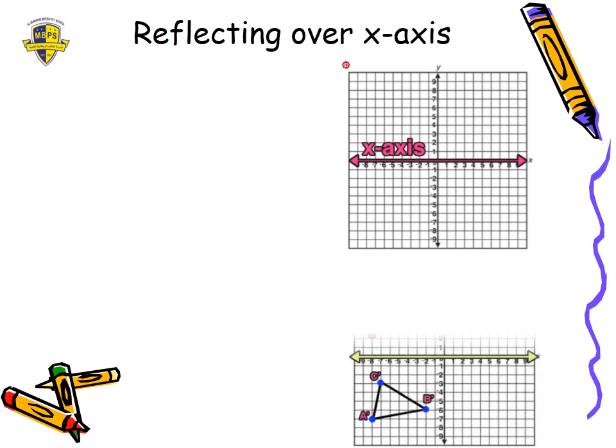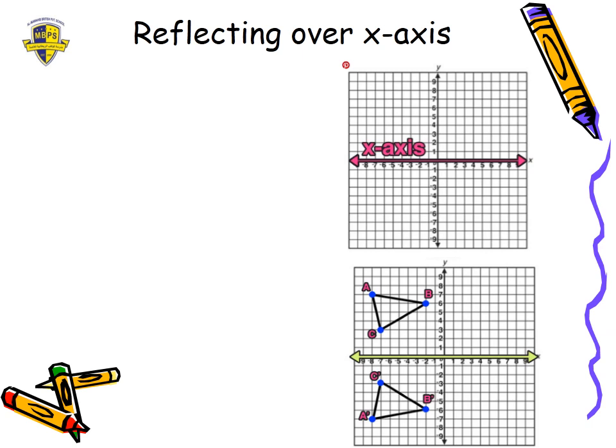So let's check this example. You can see the triangle ABC and we are reflecting this triangle to A' C' B'. This is the reflected triangle over the x-axis. So here the x-axis works like a mirror.